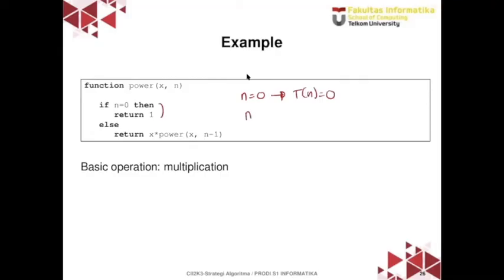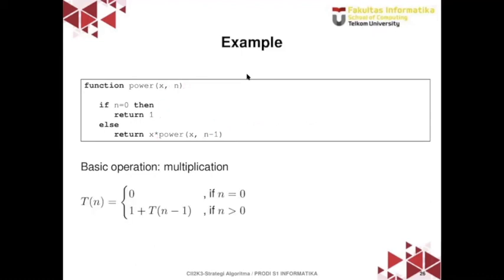But for the other case, we have one multiplication here, but we also have a recursive call, and the size of it is n minus 1, because here we have n, but here we have n minus 1. So this is the recurrence relation we have for this algorithm.